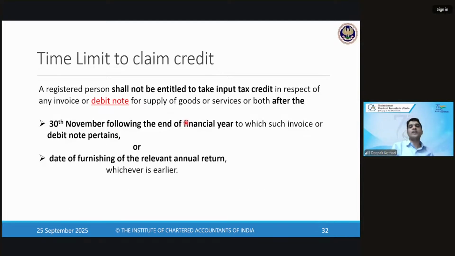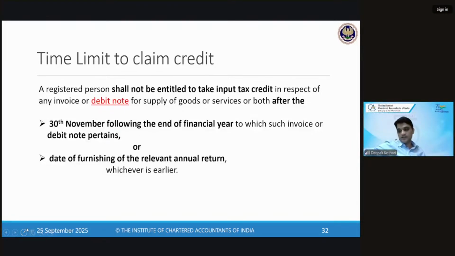Okay, so this is the time limit to claim the credit. If you have got an invoice today, you can claim it in this month. If you forgot, claim it next month. If you forgot again, claim it in the third month. Like that you can keep forgetting it, but you have an outer time limit.